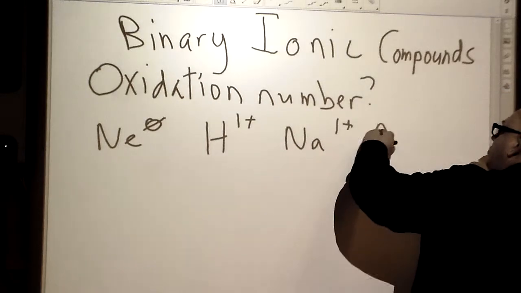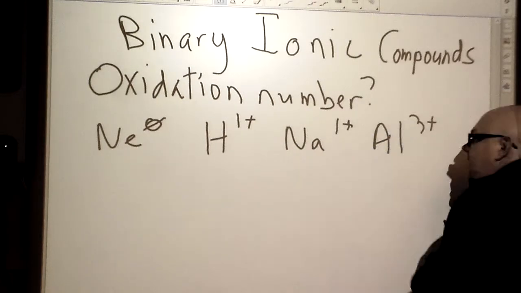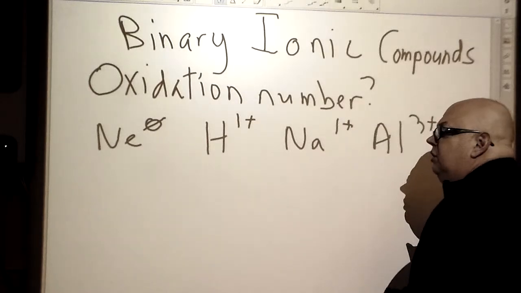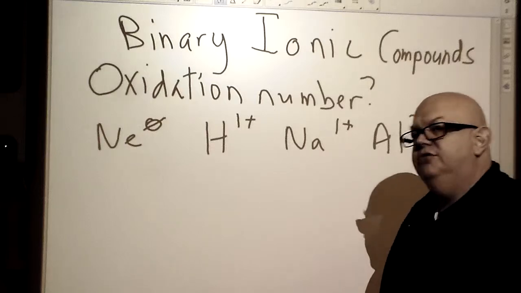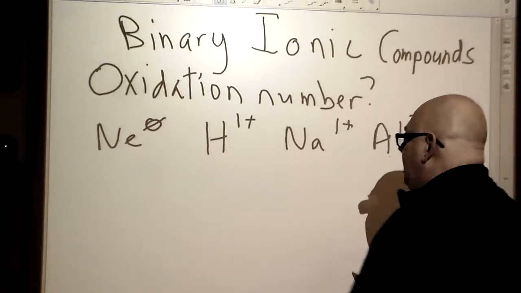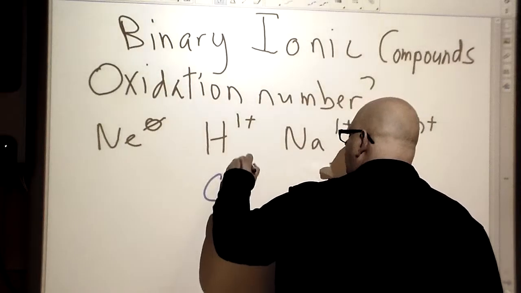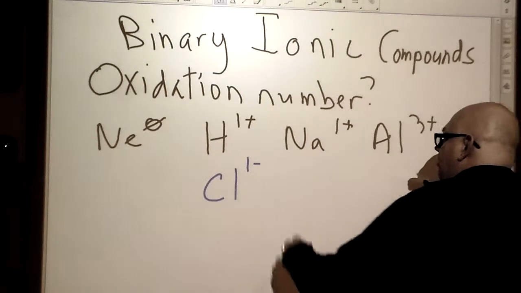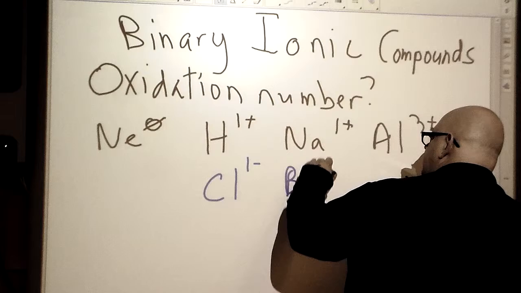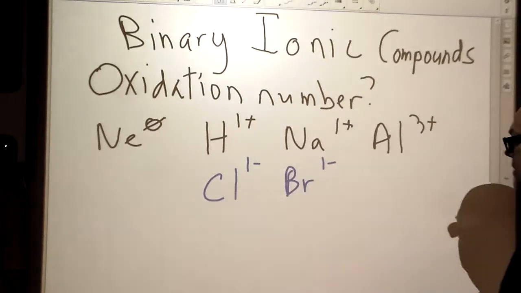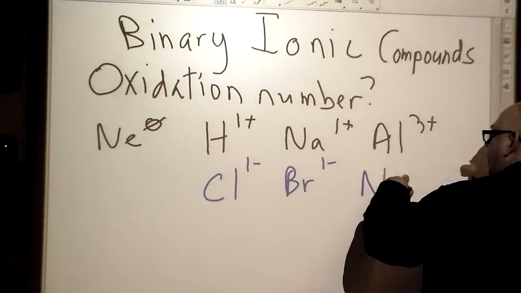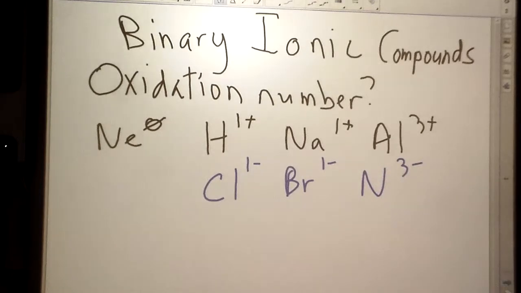Aluminum has a +3. Not all oxidation numbers are positive, because we can also have negatively charged atoms like chlorine, which is a -1 charge. Bromine is also a -1 charge. What about nitride? Nitride has a -3 charge.